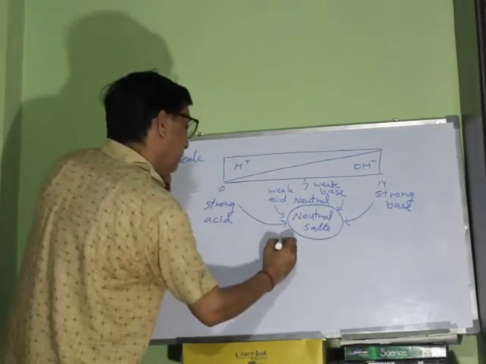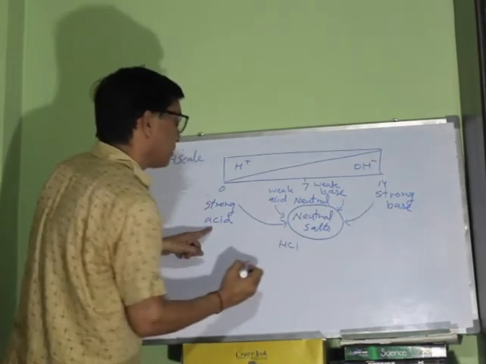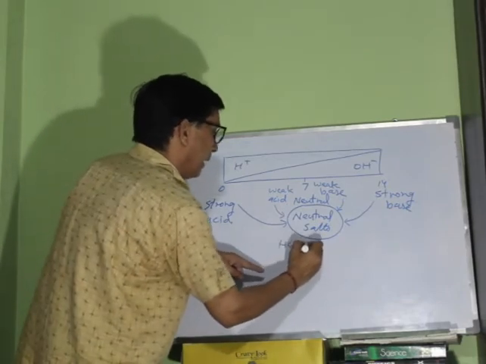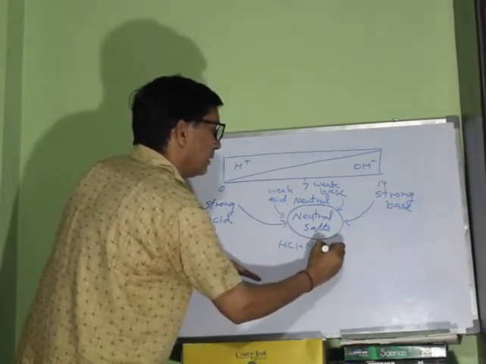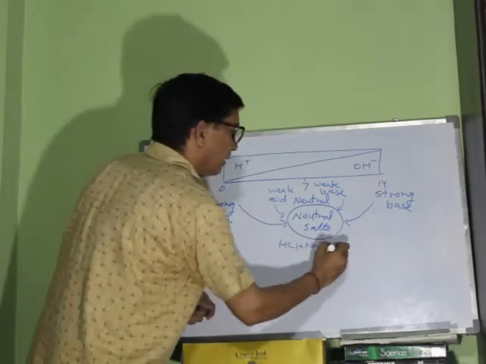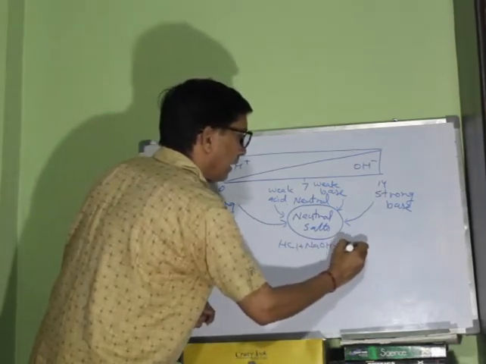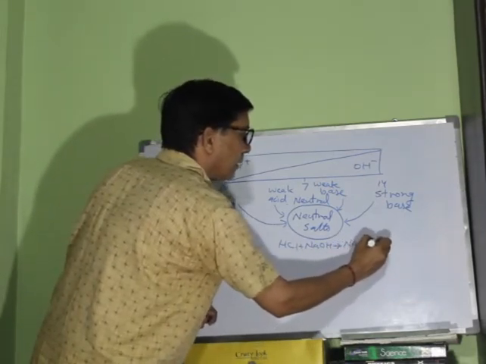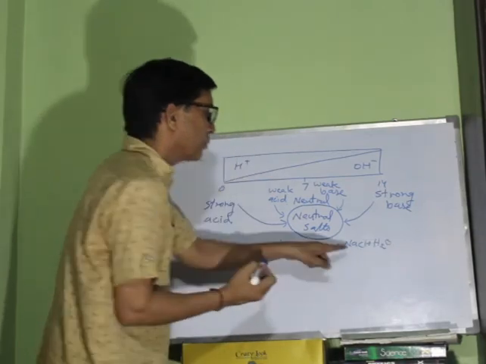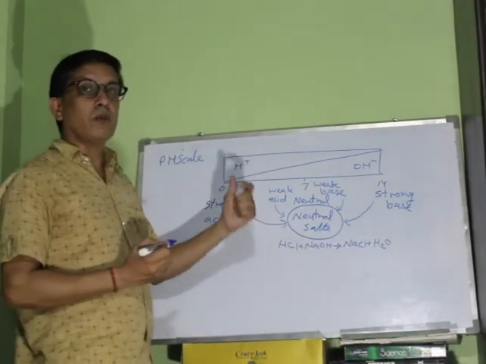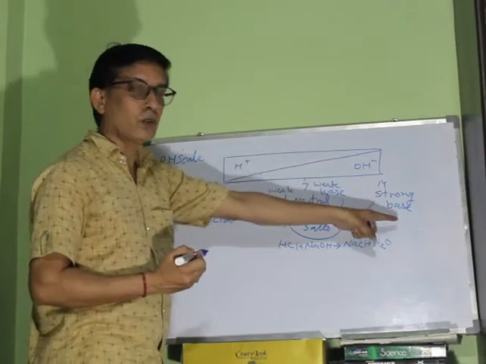For example, HCl is a strong acid and NaOH is a strong base, and the reaction gives NaCl plus H2O. Sodium chloride is a neutral salt formed by a strong acid and a strong base.